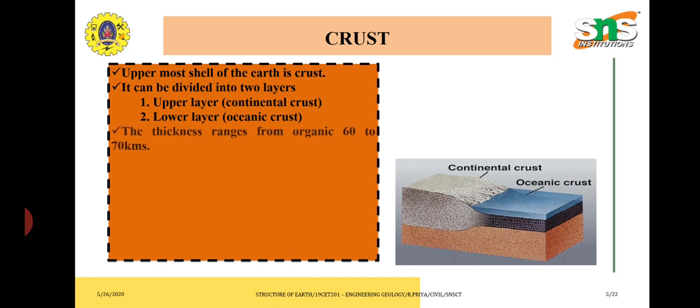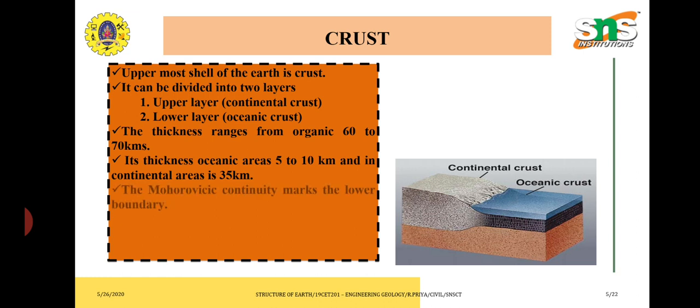The thickness of this crust ranges from 60 to 70 kilometers below the mountain region, and the thickness in the oceanic region ranges from 5 to 10 kilometers, and under the continents the thickness of the crust is around 35 kilometers.